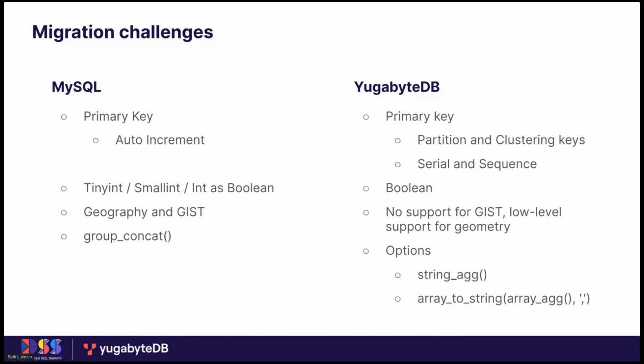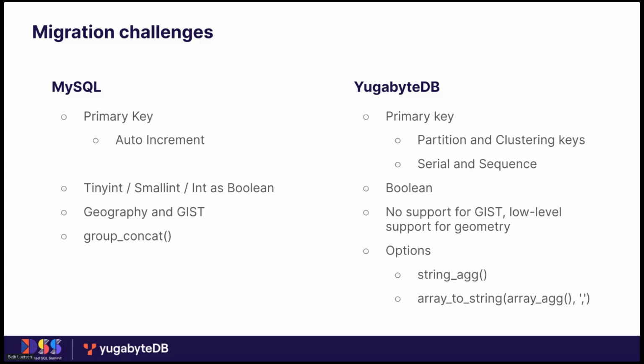You can change the seeding, but essentially that's how it works, and it's very convenient. But in PostgreSQL as well as YugabyteDB, we don't have that same type of construct of an auto increment. Instead, we have the serial data type, and that can be small serial or the like. There are several. And behind every serial data type is a sequence, right?